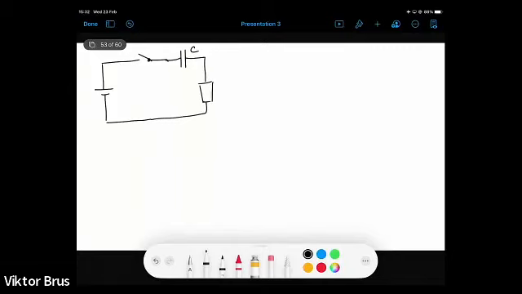So what will be the current in this circuit if I turn on this switch? Any ideas and suggestions?